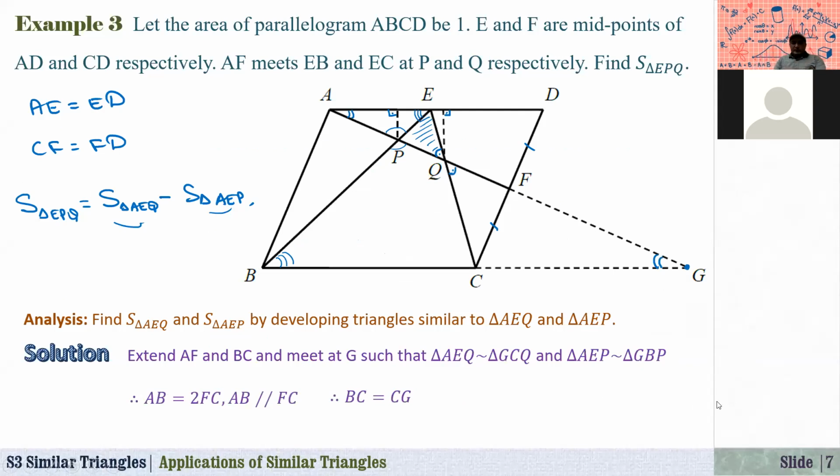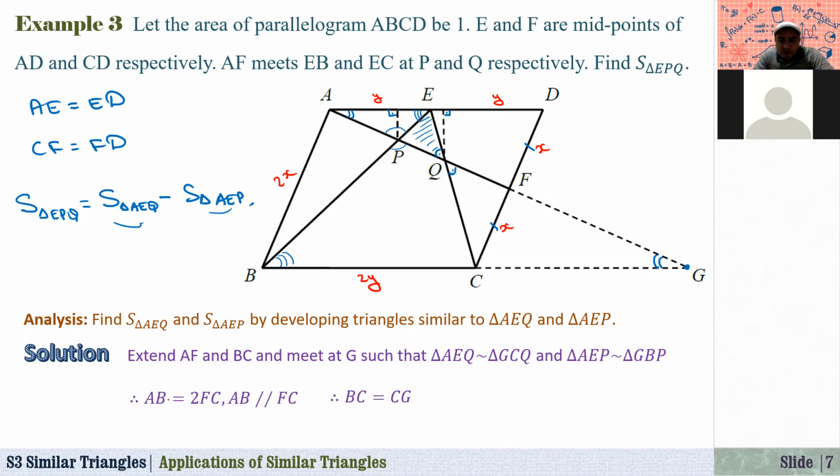Now since these two triangles are similar, AEQ and GCQ, from this similarity we can write that AB is equal to 2 times FC. Why? If CF is equal to x, and this one is x, then AB will be 2x. For example, AE is equal to y, ED is equal to y, parallelogram opposite sides, so BC will be 2y.